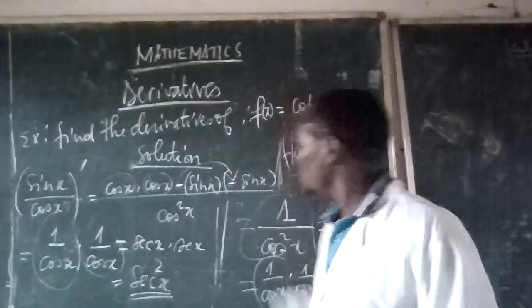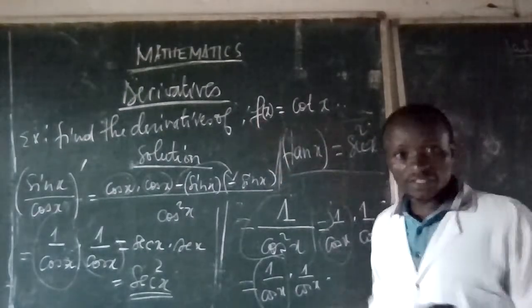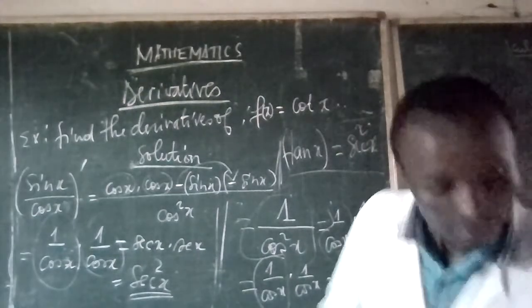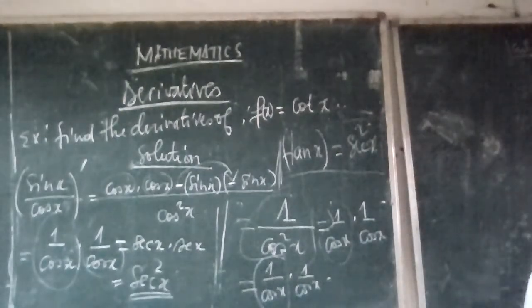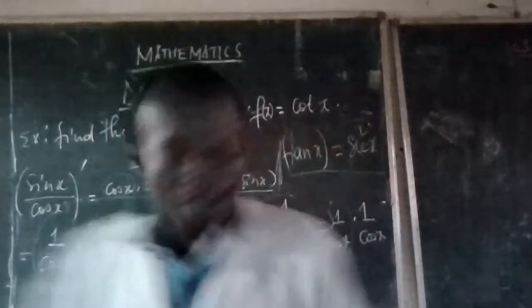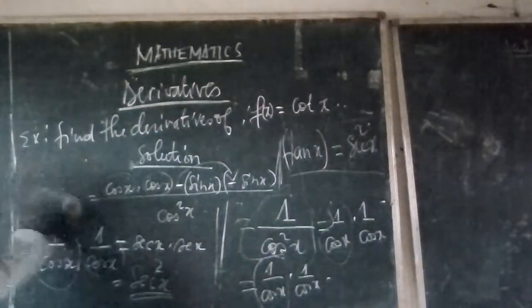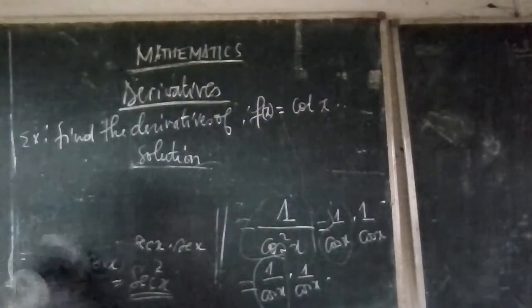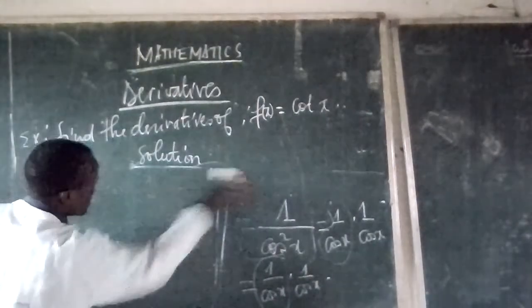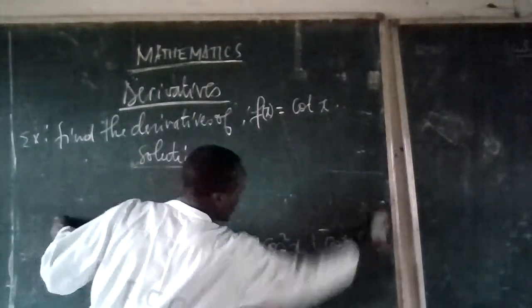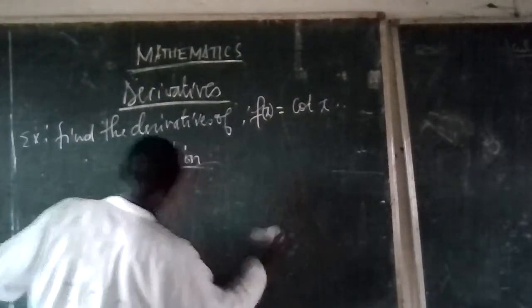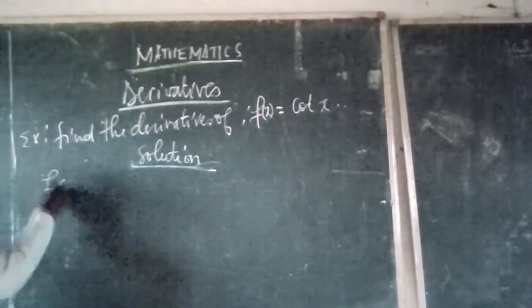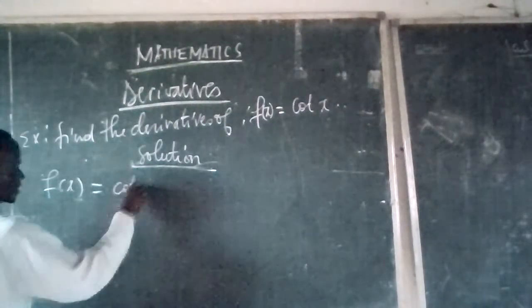So now let us continue by making the solution of this question. We have given f of x is equal to cot x.